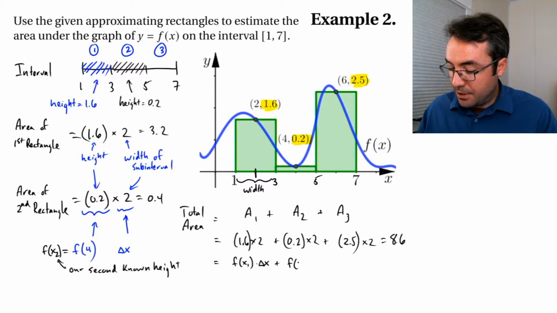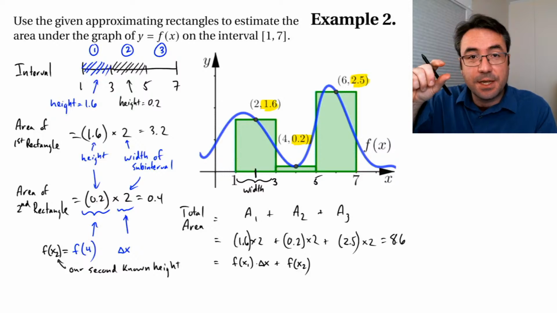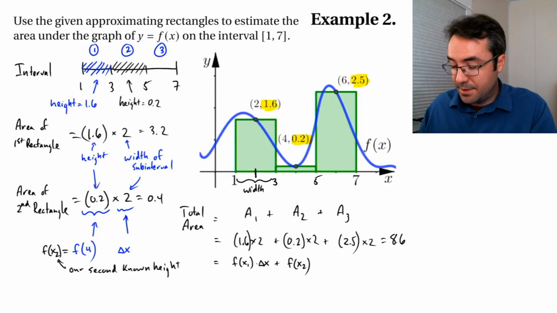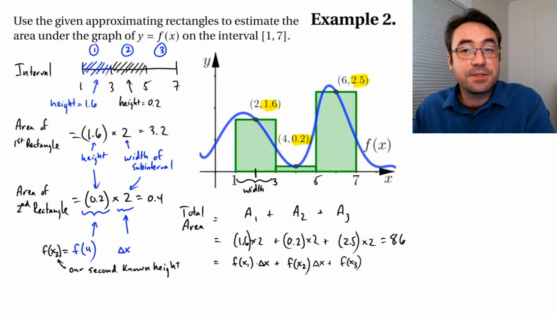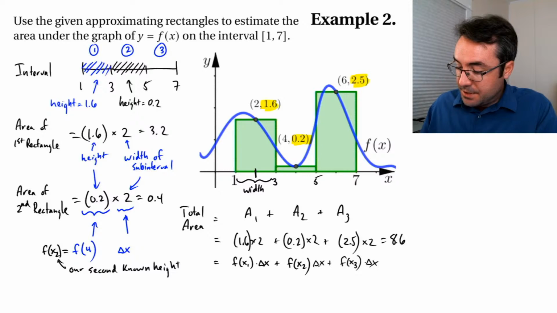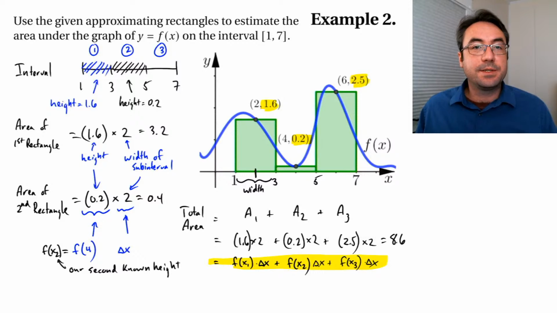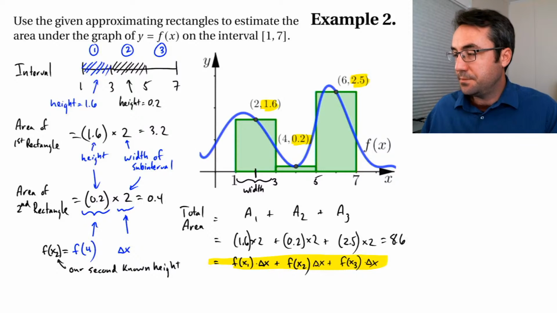Then we could take our second known height, which would be f of x2, the subscript 2 just means it's the second one, times delta x. And then finally, our third known height, which we could write as f of x3, just the height of our third rectangle there, times delta x. So this is really the notation that we want. It gives us a way to generalize this or to go further.